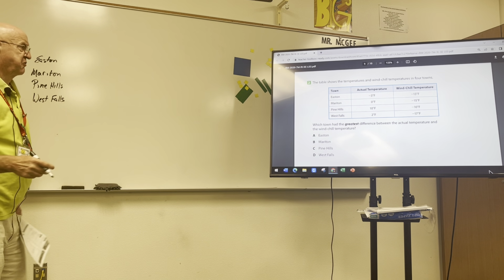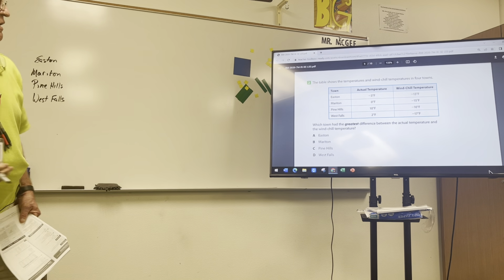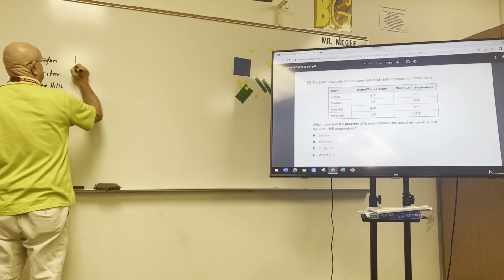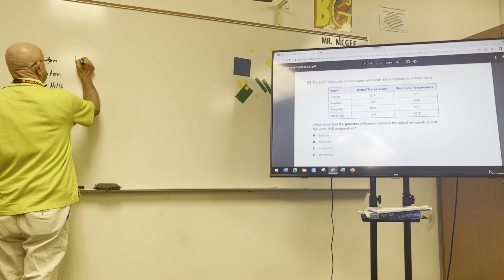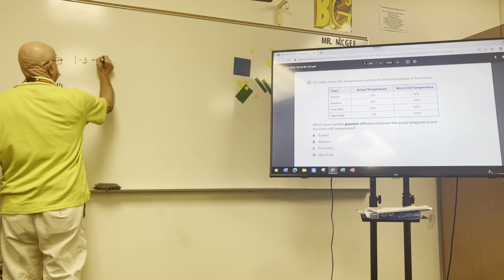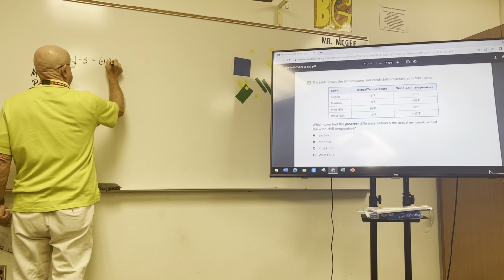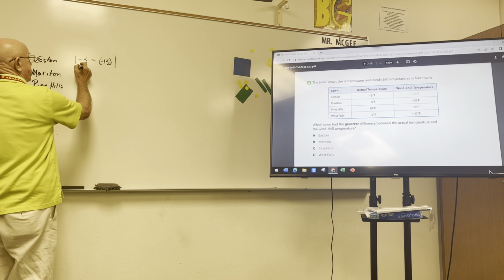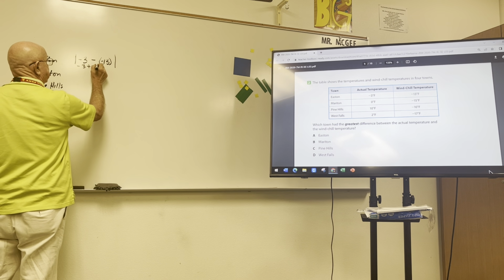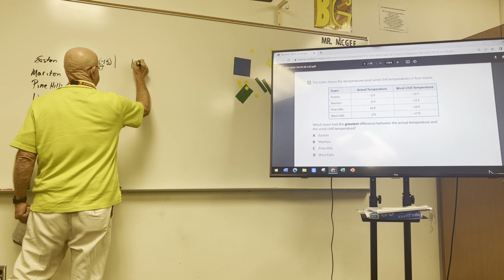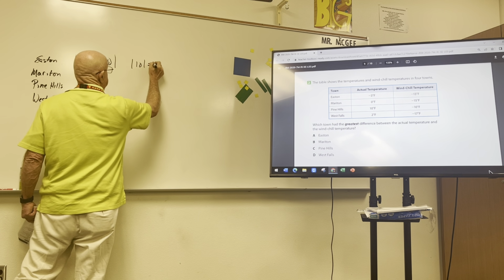The actual temperature of Easton is negative 3, so we take the absolute value of negative 3 minus the wind chill of negative 13, and we take the absolute value of that. So this becomes negative 3 plus 13, which gives us an absolute value of 10, which is going to be 10.